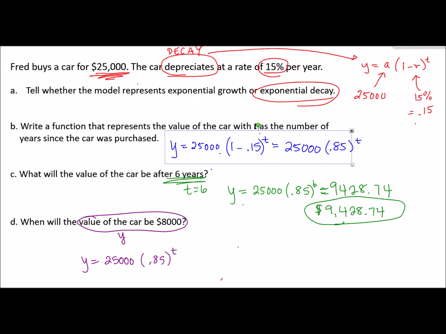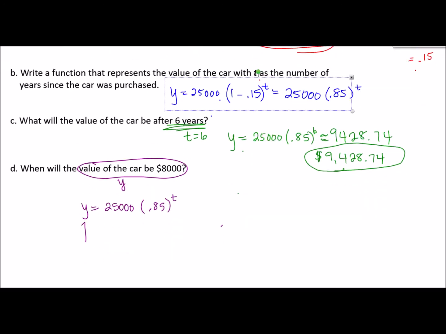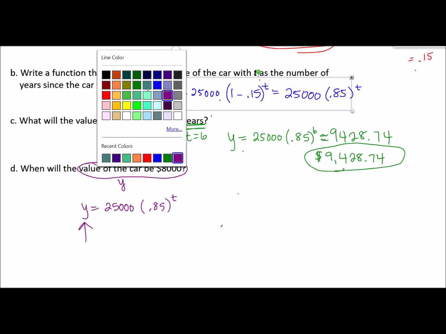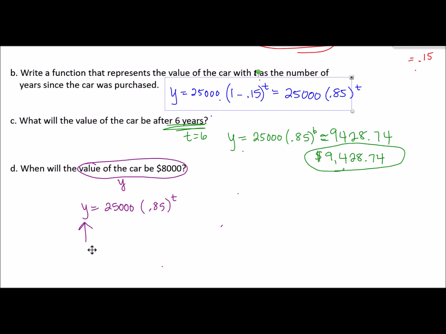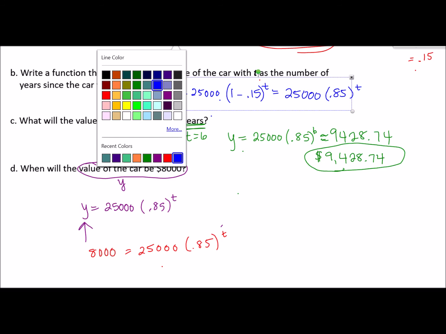And what they've given me is this value right here. So, okay, let's let y be 8,000. And now we just need to solve for t. Easy. We've been doing that, right? We learned how to solve these guys.